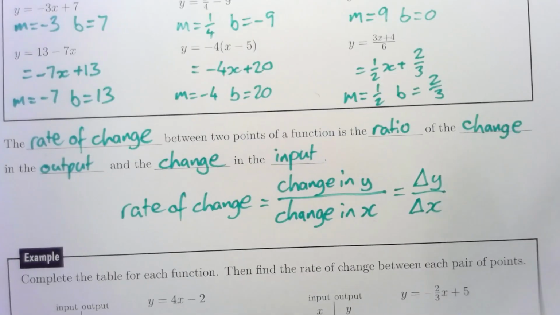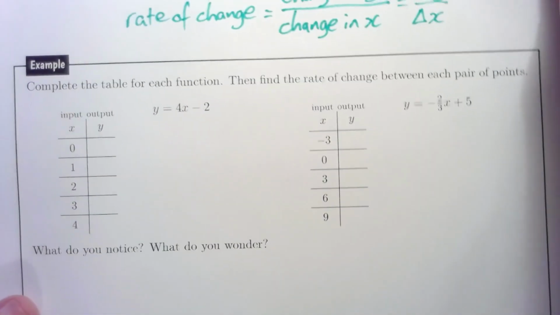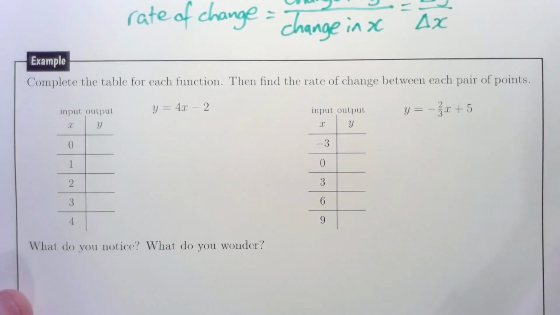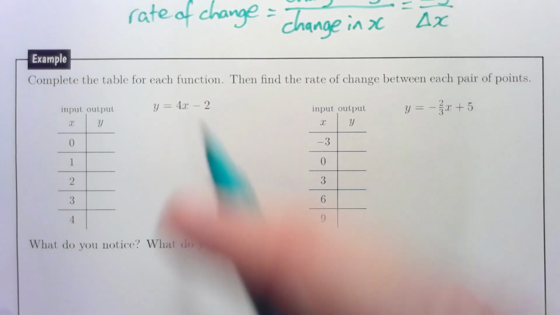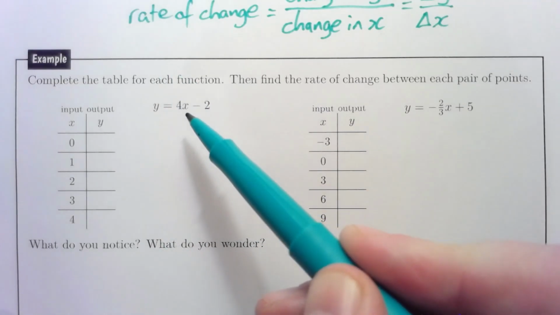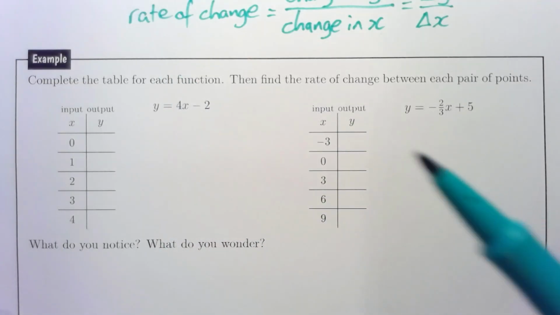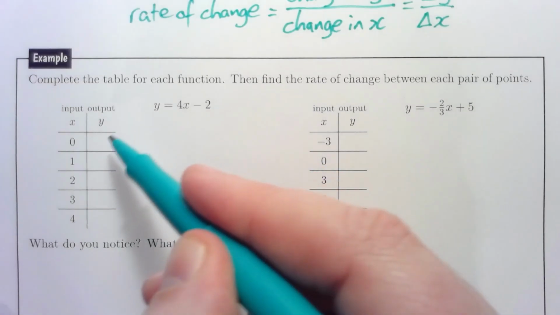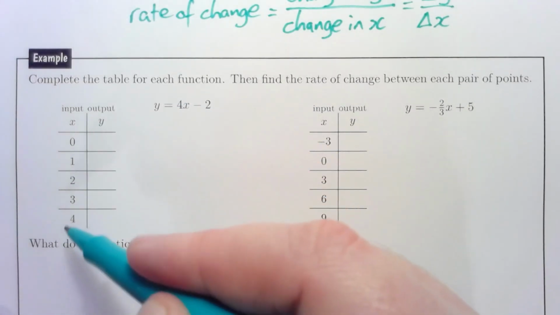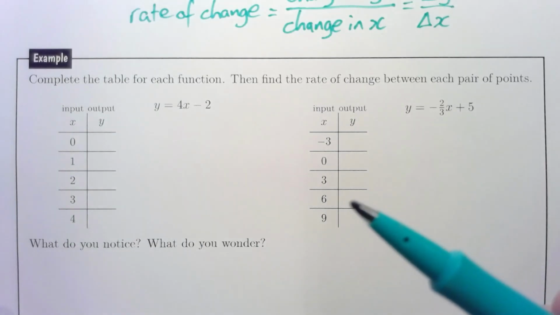Let's have a look at a couple of functions and see if we can work out what their rates of change are. So, for the function y equals 4x take 2, what we can do is, for each of our inputs, work out our output.